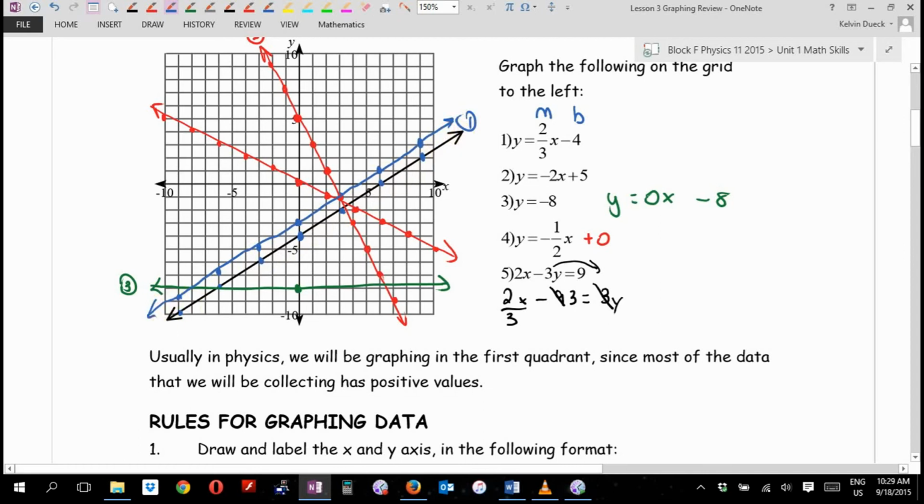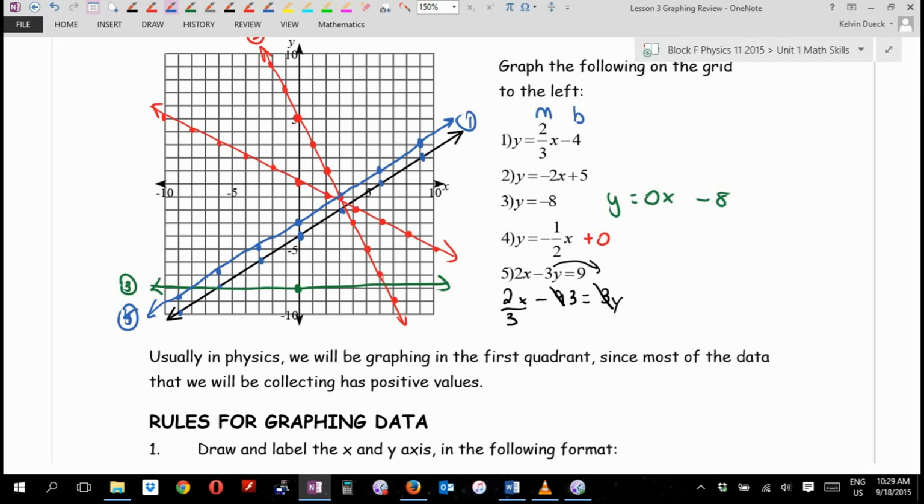Oh, you know what? That's line 5. Line 5 is parallel to line 1, which I also knew ahead of time, Connor, because they have identical slopes. Maybe you remember doing that in Math 10 as well. Parallel lines have identical slopes, perpendicular lines have slopes that are negative reciprocals, all that stuff.